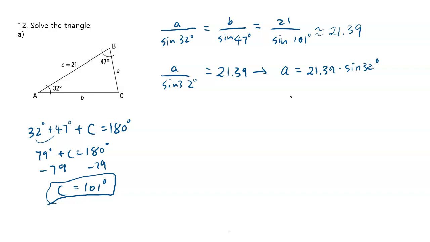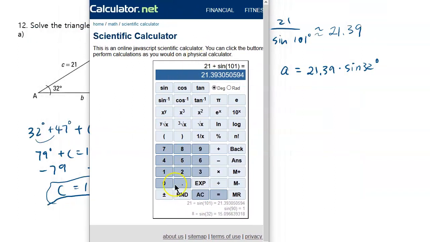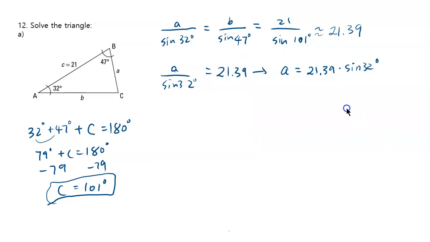Let's try that out. 21.39 times sine of 32 degrees is 11.33. So that's one of the answers.